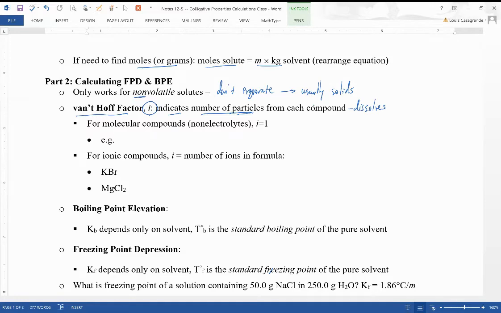For molecular compounds, these are things like sugars, a specific kind of sugar, C5H10O5. I don't know, anything that has lots of C's and H's in it. Oh, let's say C8H10.